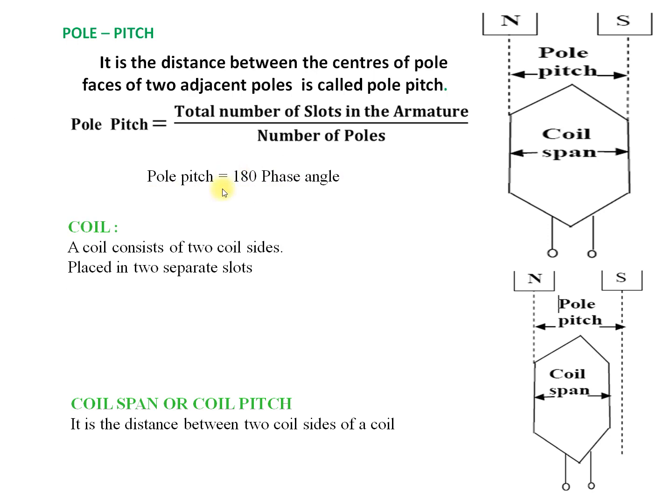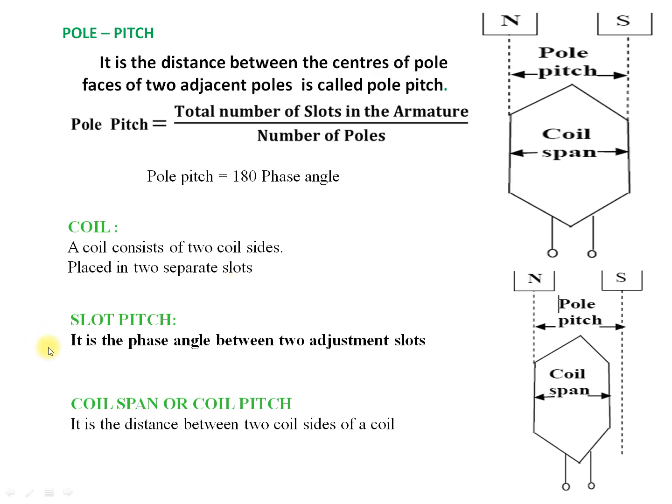Depending upon the choice of this phase angle and the angle difference between the coil sides, we will be choosing the number of poles too. A coil consists of two coil sides placed in separate slots.